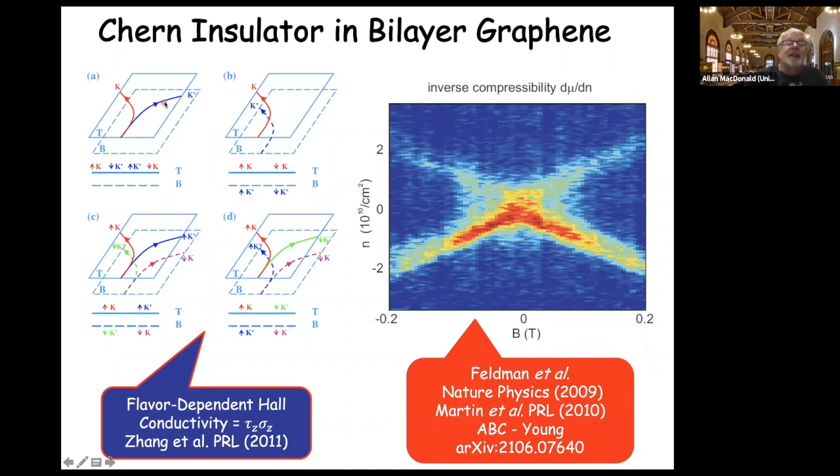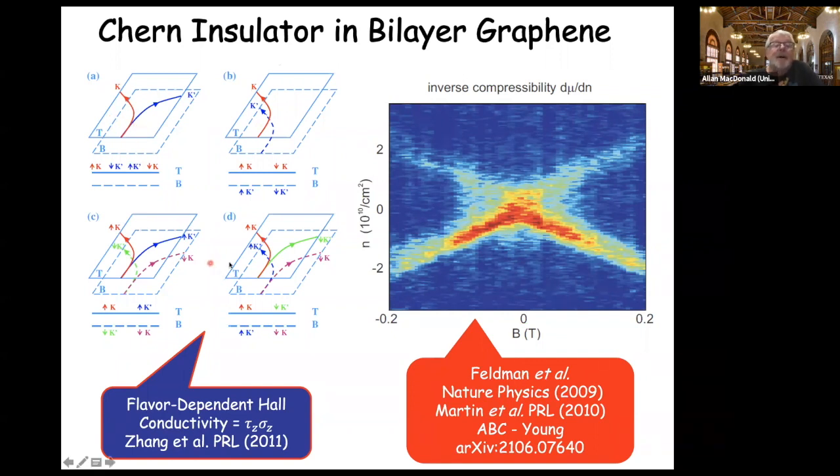The states can be near either Brillouin zone corner, in either valley, or of course they can be in one of 2 spin states. And in the ground state, for each flavor, the layer symmetry is broken, but it can be broken in many different ways.